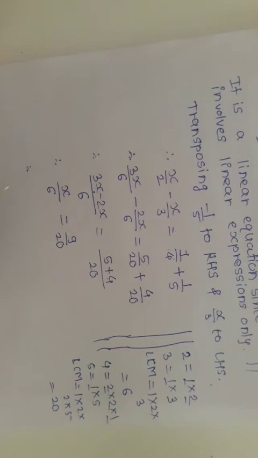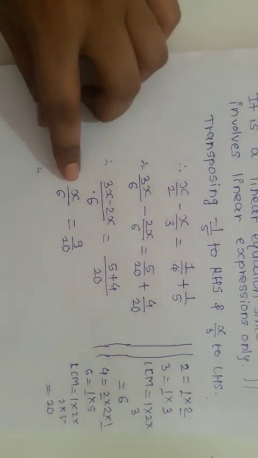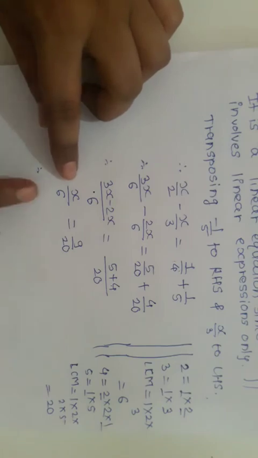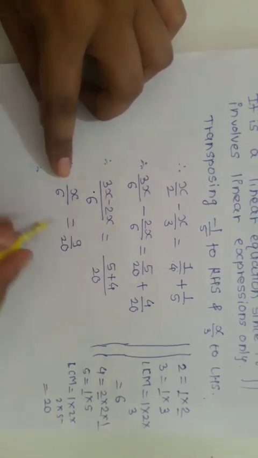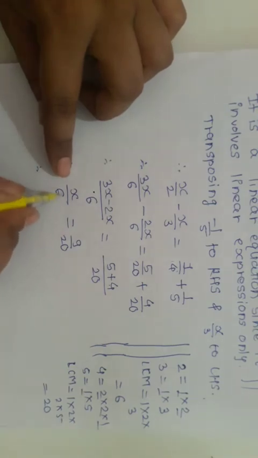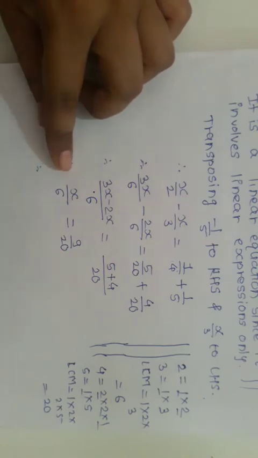Again see here, x is not found yet, so to find the value of x, we have to transpose this 6 to the RHS. How can we transpose this? On this side 6 is in the denominator, in division, so when we transpose it, we have to multiply throughout by 6. This is also another condition.